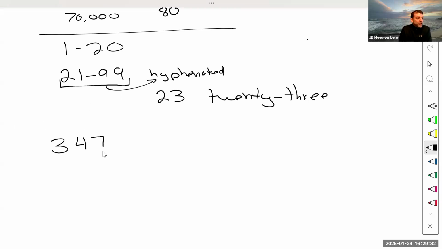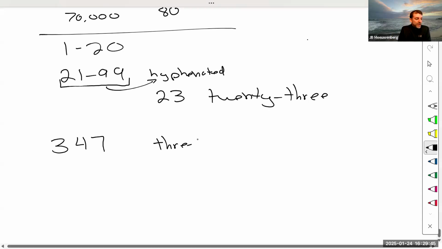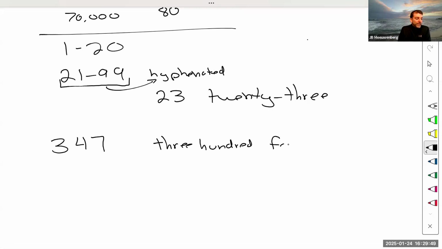Okay, that's even true if we go past 99. So how would you say or write that number properly using words? Go ahead and pause and try it. We would write that as three hundred forty-seven. And notice that the 47 is hyphenated.